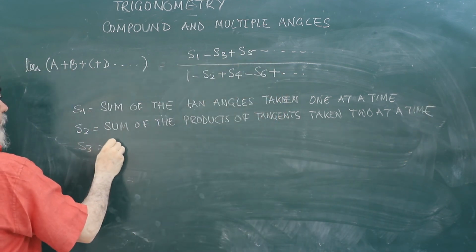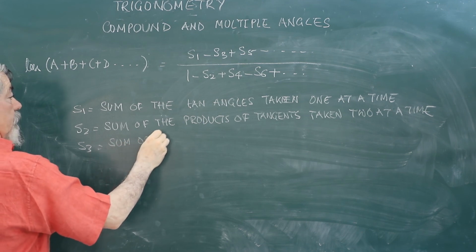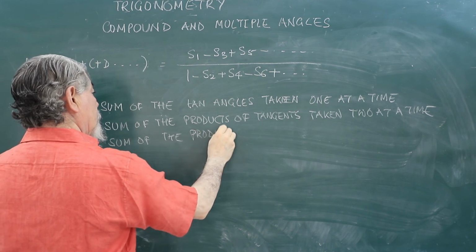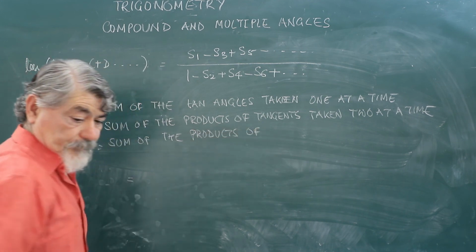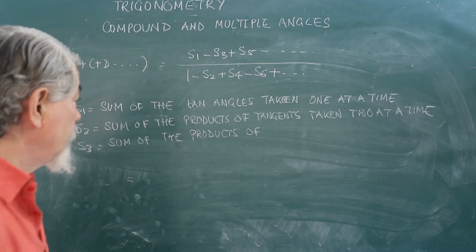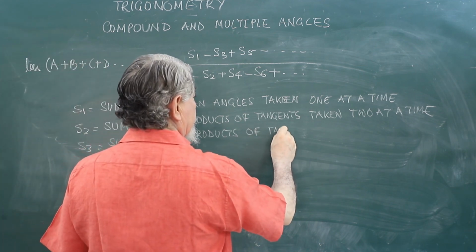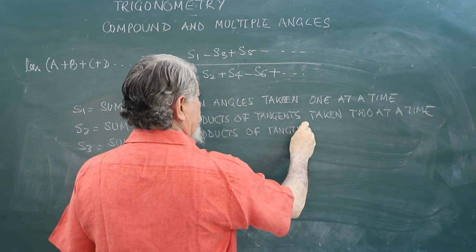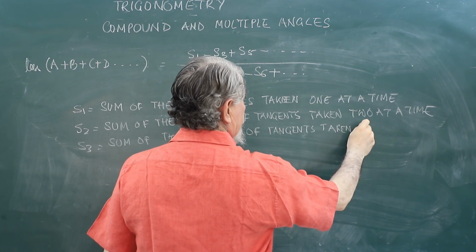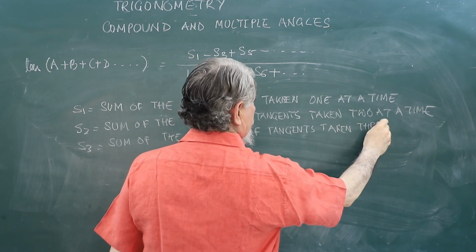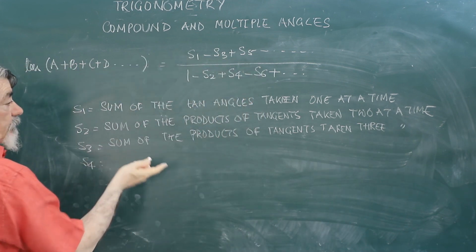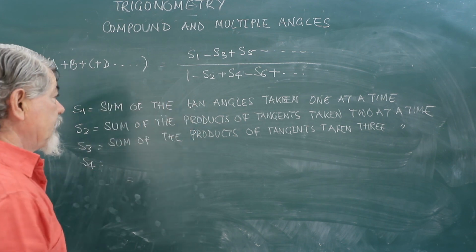S3 is the sum of the products of tangents taken three at a time. And similarly, S4 will be the sum of the products of the tangents taken four at a time.